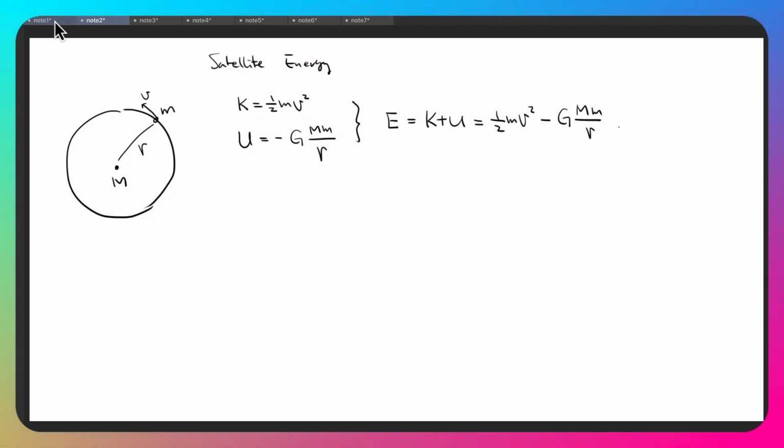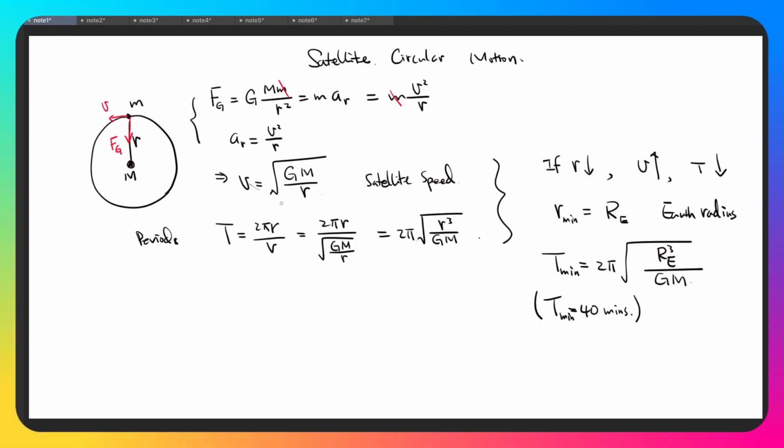So let's recall this equation here. If I think about 1/2 m v squared, then it equals, let's move r to the left side and then multiply by 1/2, so we get 1/2 G M m over r, okay?